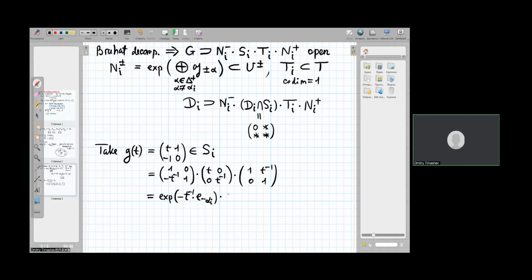And this one parameter subgroup is given by some vector in the dual of the character lattice, which is denoted alpha I check.